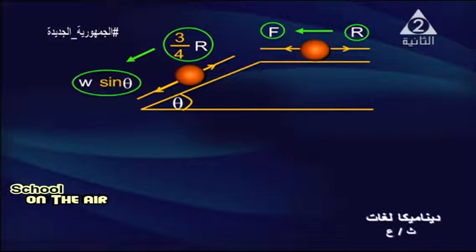Then F equals 0, and the car descends the inclined plane with uniform velocity under the action of its weight component W sine theta and the resistance of the inclined plane to the car. And we know that the resistance of the inclined plane equals 3/4 of the resistance of the horizontal road.